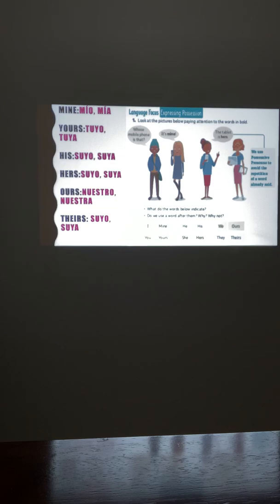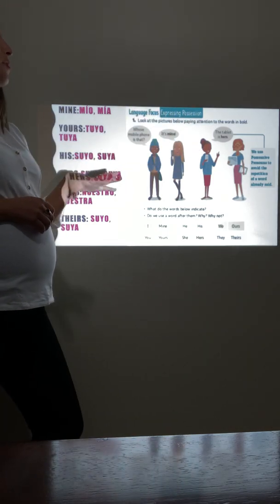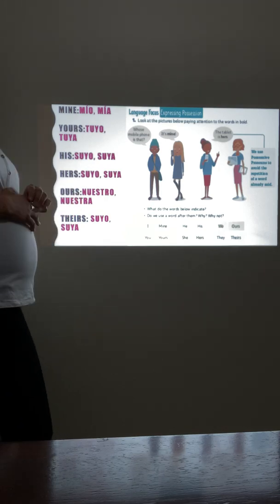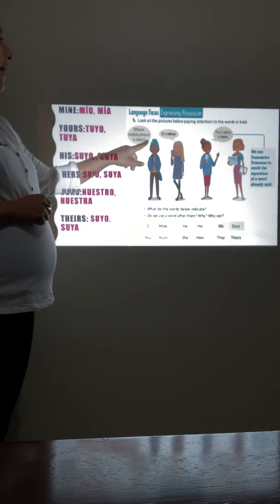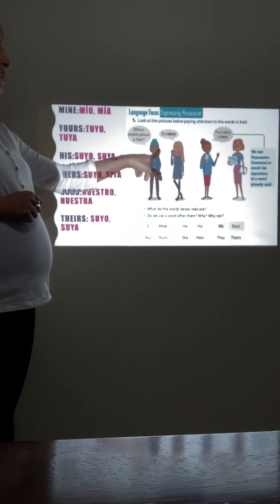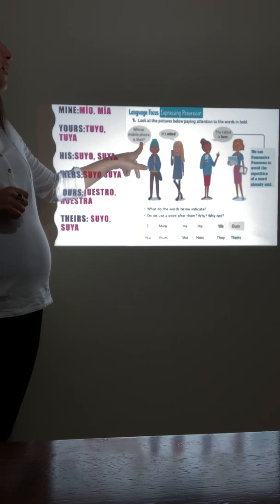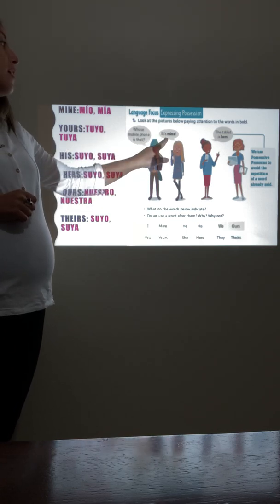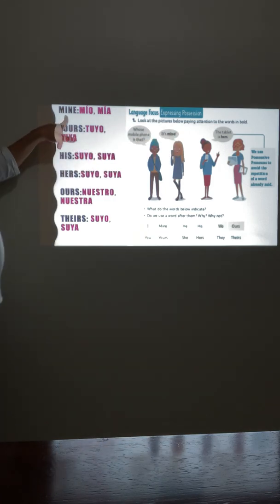Also, we have seen the expressing possessions in the language focus. So, we have here, whose mobile phone is that? Whose mobile phone is that? ¿De quién es ese teléfono móvil? And she says, it's mine. Mine means mío o mía.